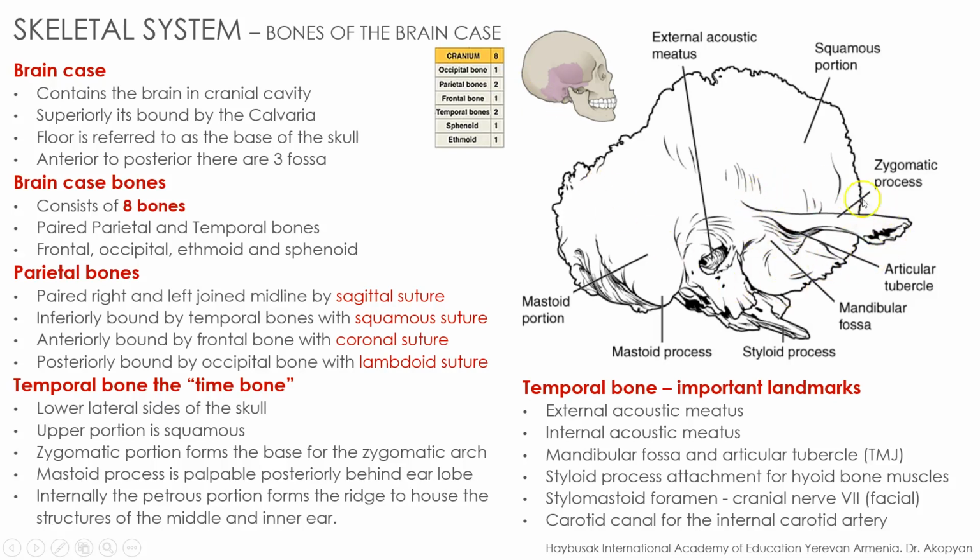The anterior portion is the zygomatic portion, which has the inferior mandibular fossa, which articulates with the condyle of the mandible to form the temporomandibular joint. Posterior, inferior to that, is the external acoustic meatus. This is the ear canal. Inferior and deep to that is the styloid process. Now, let's take a look at those 2 bones, the parietal bone and the temporal bone, in our 3D model.